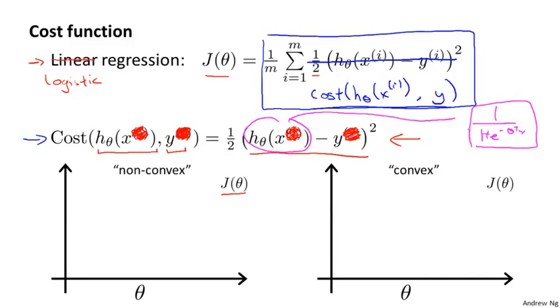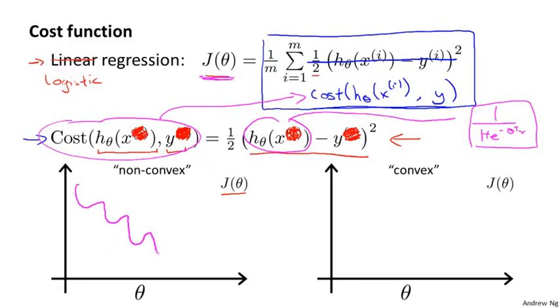And if you take this sigmoid function, plug it in here, and then take this cost function and plug it in there, and then plot what J of theta looks like, you find that J of theta can look like a function that's like this, with many local optima. And the formal term for this is that it is a non-convex function.